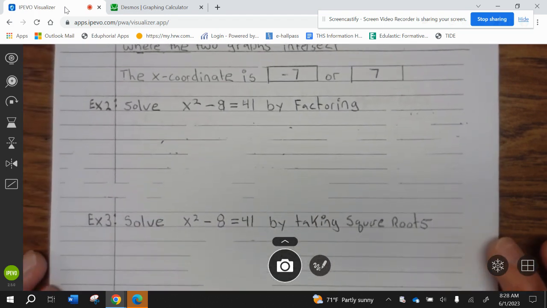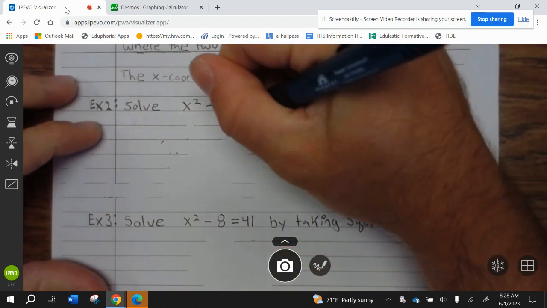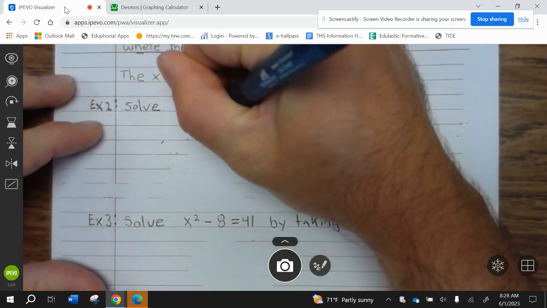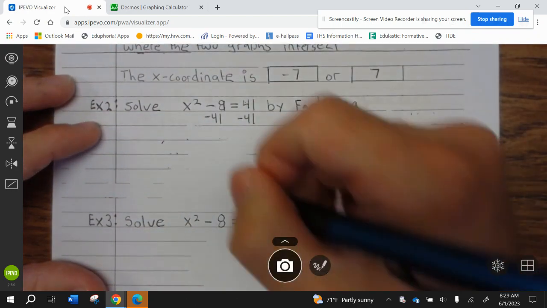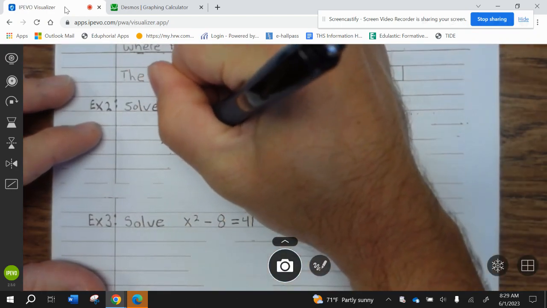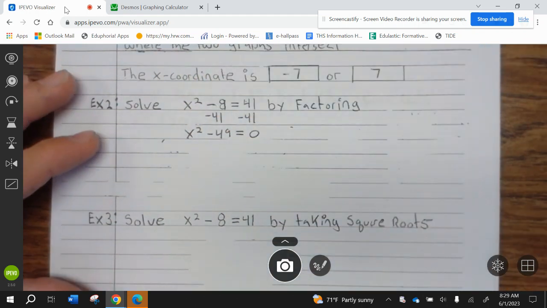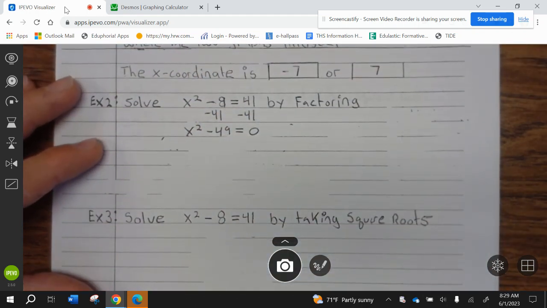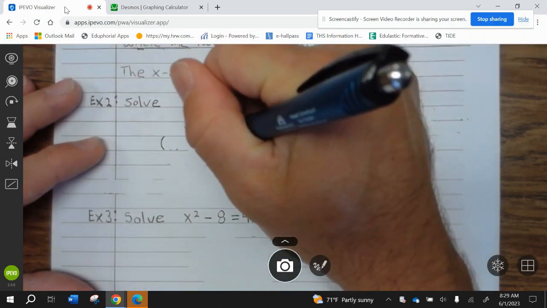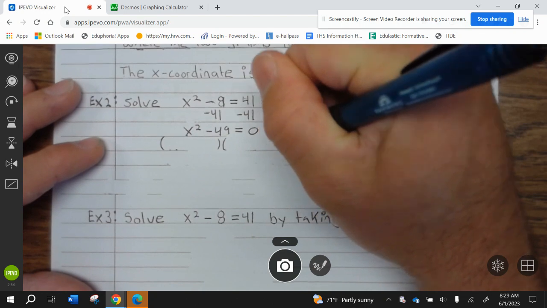All right, example 2, solve x squared minus 8 equals 41 by factoring. All right, so first off, we need to subtract 41 from both sides. x squared minus 49 equals 0. All right, so now we know 2 parentheses makes x squared.